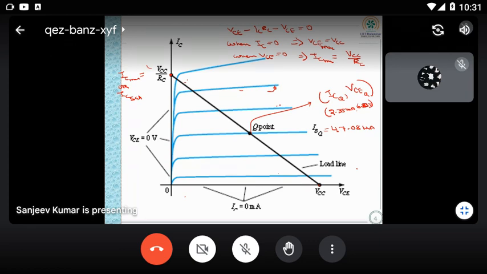Then you have to calculate the base resistance value or collector resistance value. Once you get these values, you design the circuit and put the achieved values there. A similar question you can see in your book or exercise, but the method is the same. Follow the steps I told; in that equation, see which values are given and which value you have to find out.